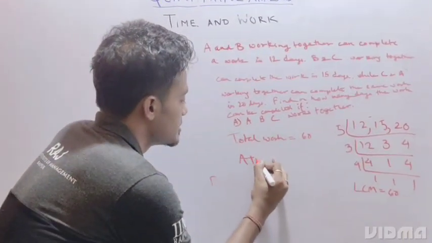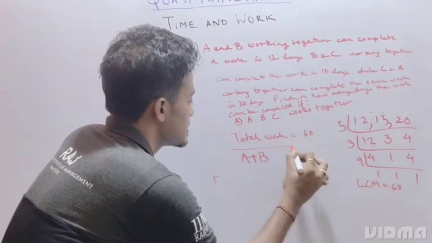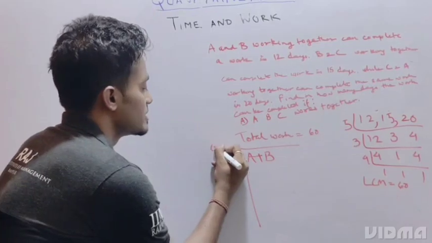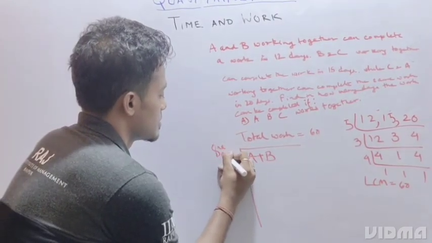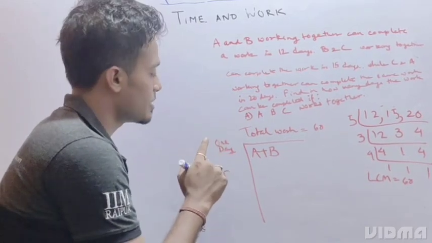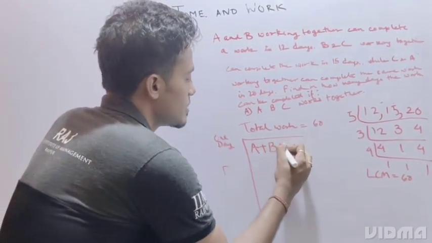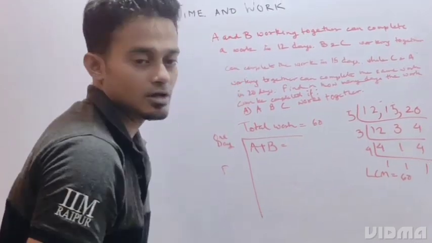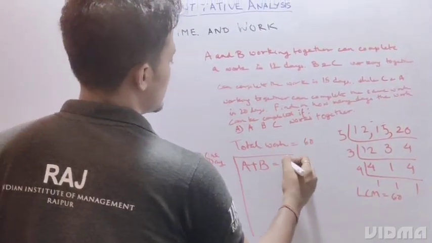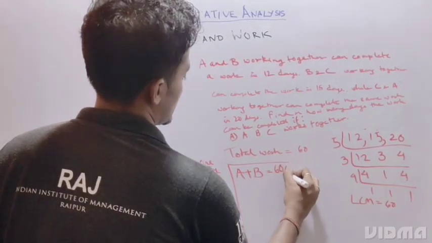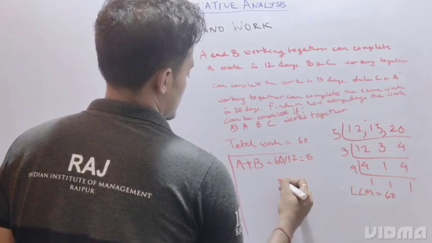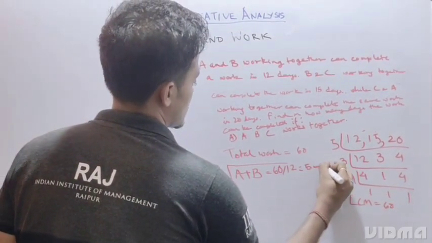A plus B, in all these cases it's for 1 day. Okay, so in 1 day A plus B, how much would they work? They would be working 60 divided by 12. 60 divided by 12 gives us 5 units of work.